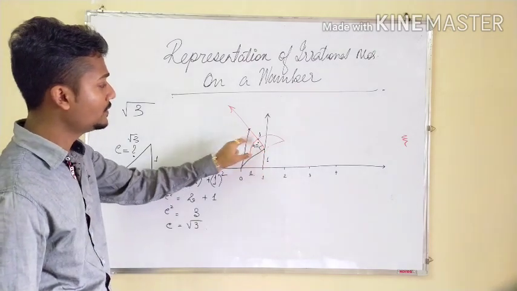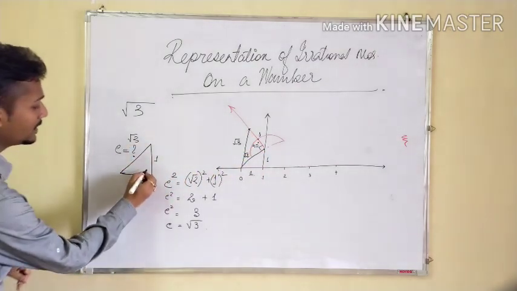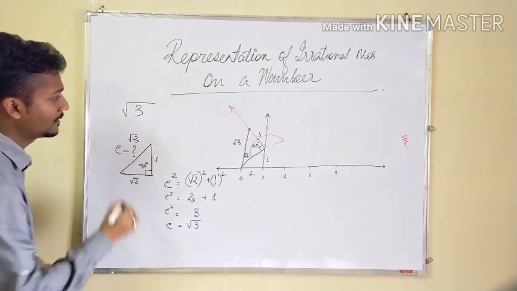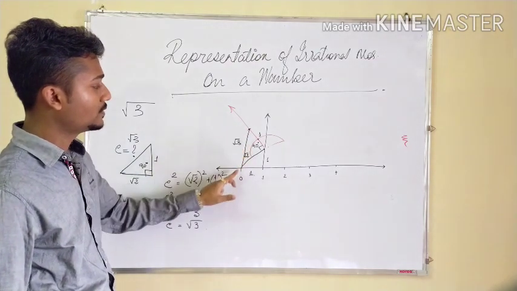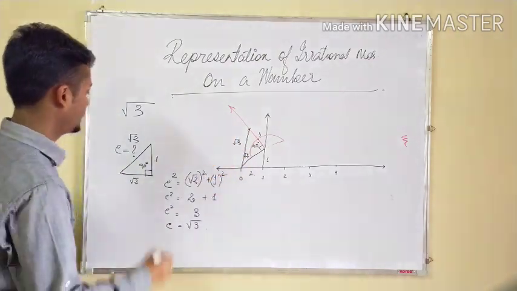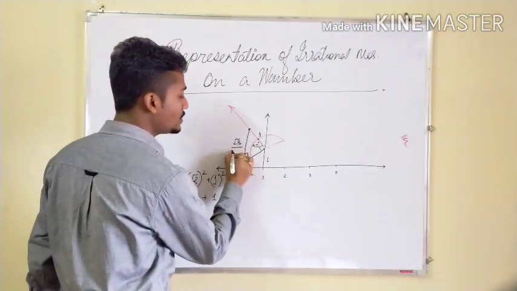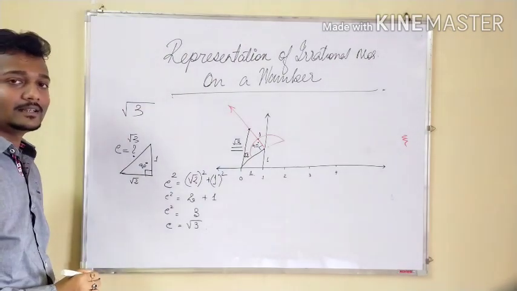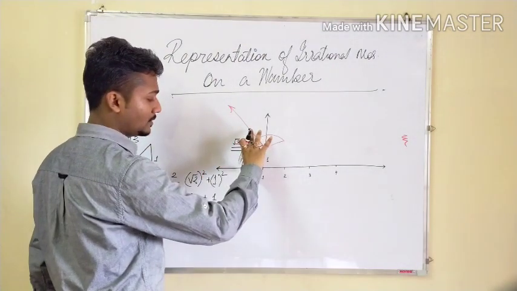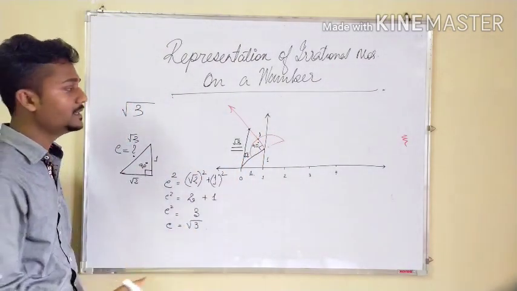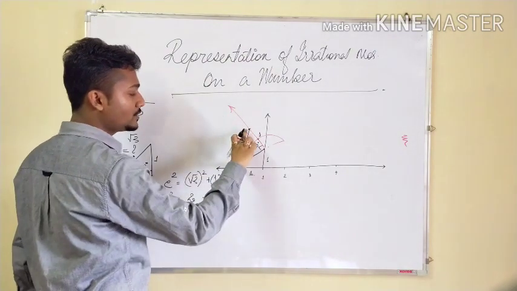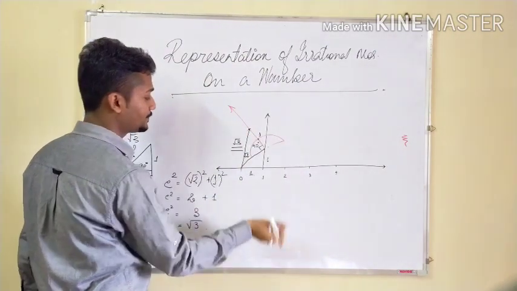Height 1 unit. And the hypotenuse is equal to root 3. That means I have got root 3. But is it on the number line? No. That means I have to represent root 3 on the number line.